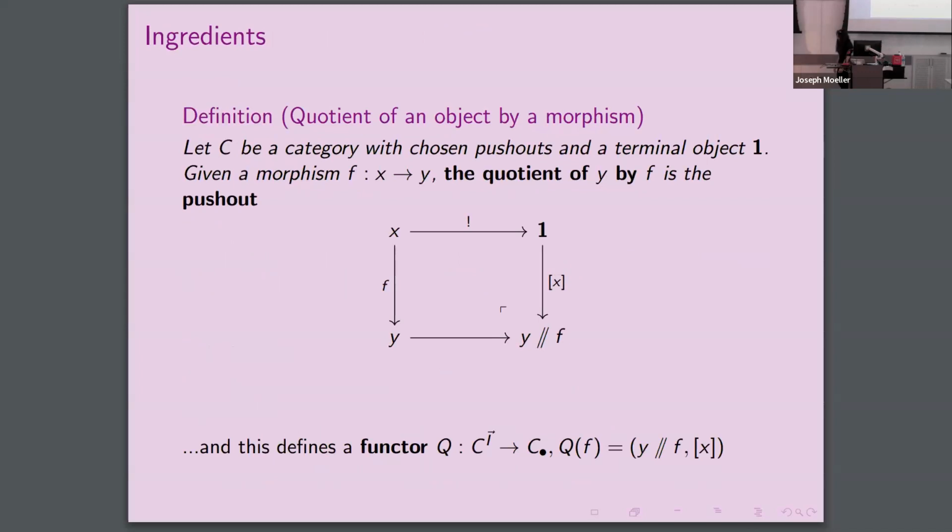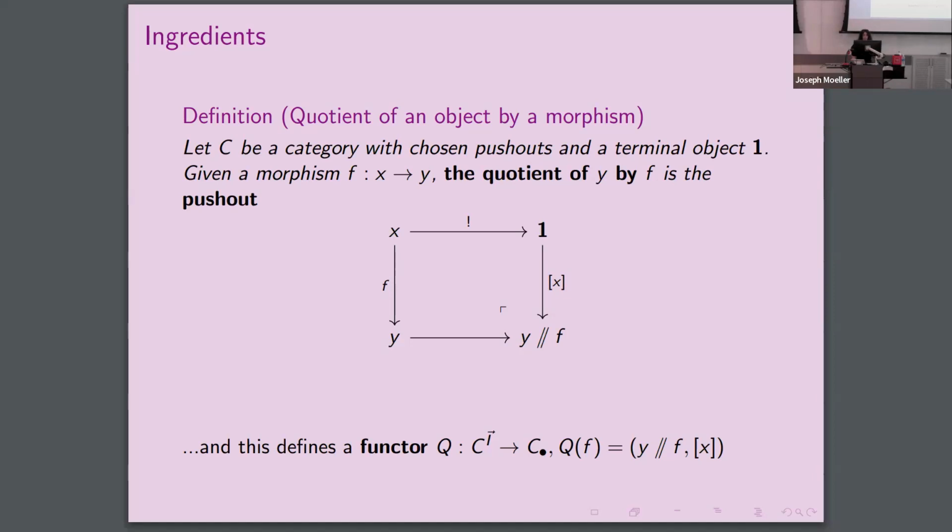And the second ingredient will be the quotient of an object by a morphism. So whenever you have a category with pushouts and a terminal object, given any morphism, you can build the quotient of the codomain of that morphism by f, by taking the pushout of f and the exclamation mark map, which exists by definition of terminal object.